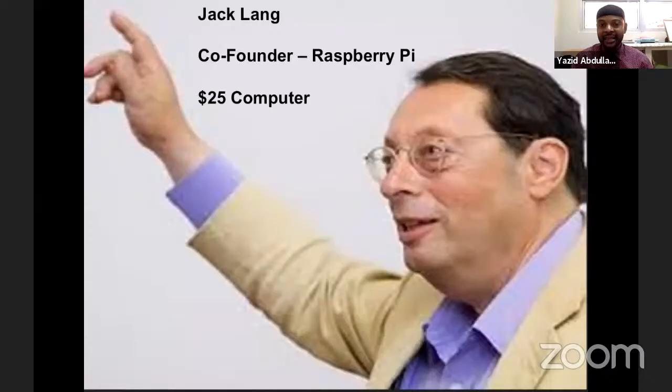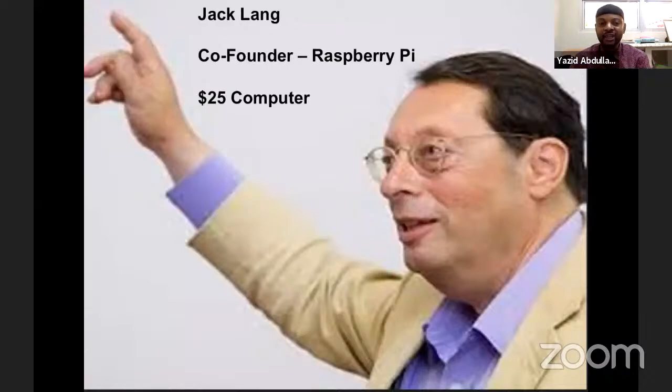And something about this business is that initially, the reason why they started it is, even though he was at Cambridge University, which is one of the best universities in the world, they noticed that many people were not taking computer science as a subject.